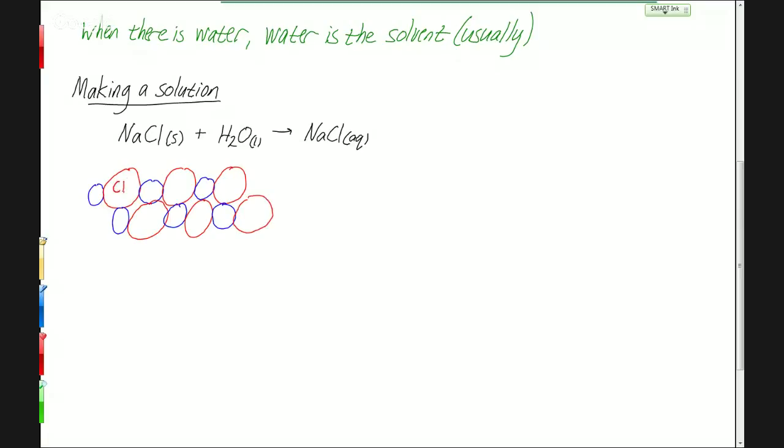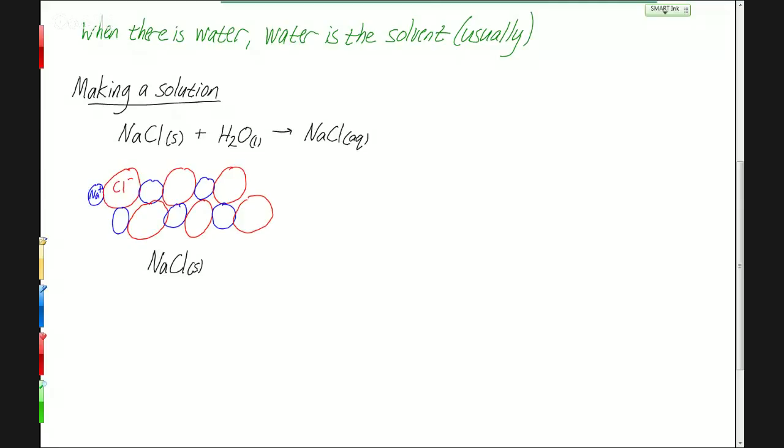Chloride ions are bigger than sodium ions, so that's why I drew them that way. So the sodiums and chlorides are all packed together in solid sodium chloride. Here's what solid sodium chloride looks like. Of course, that's going on in all dimensions, alternating sodium and chloride ions.